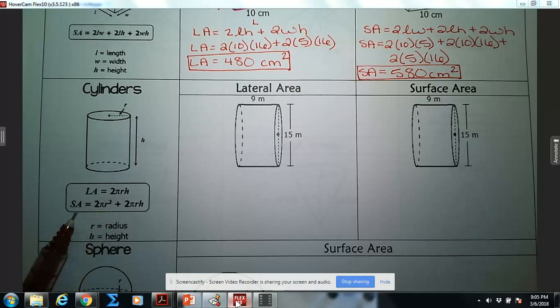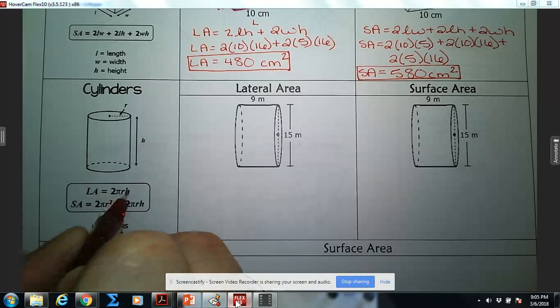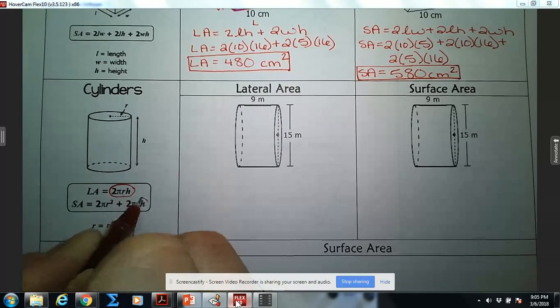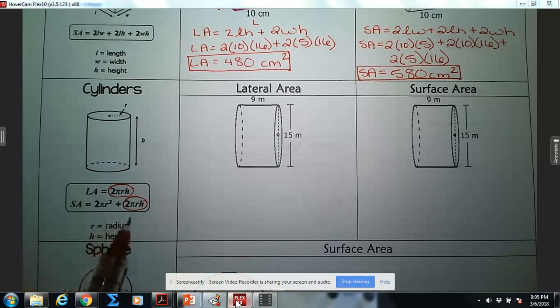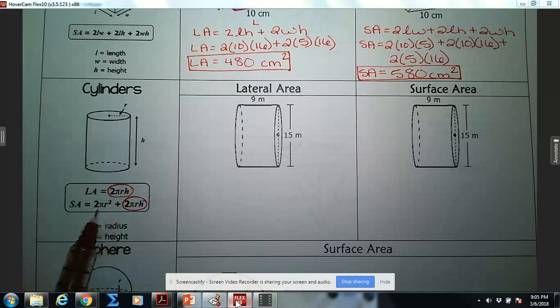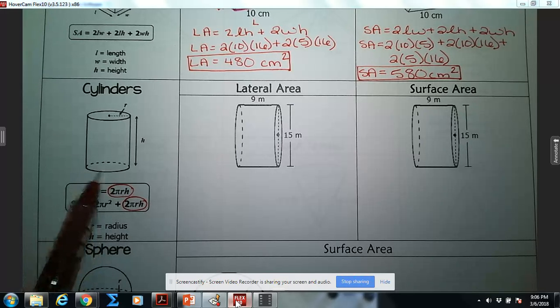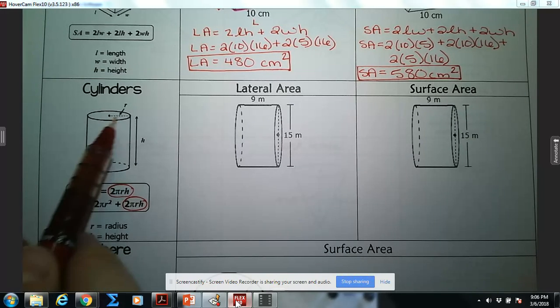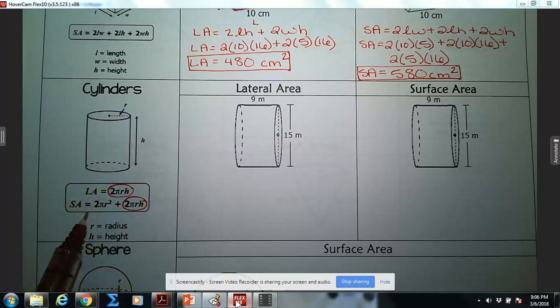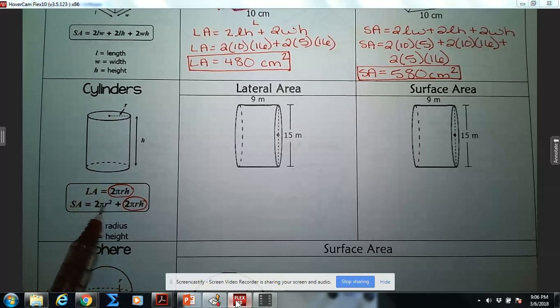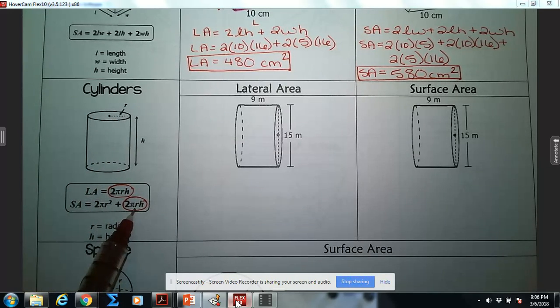And surface area is 2 times pi times r squared plus 2 times pi times radius times height. So these 2 values are exactly the same. So this is my lateral area plus 2 bases. And take a look at the shape of the base here. The shape of a base is a circle. So this says 2 circles plus the lateral area.